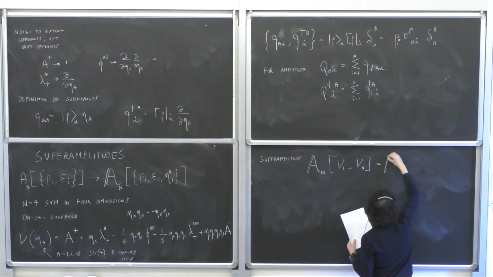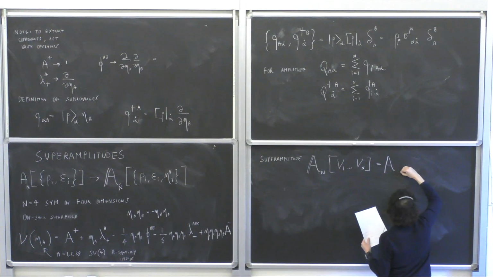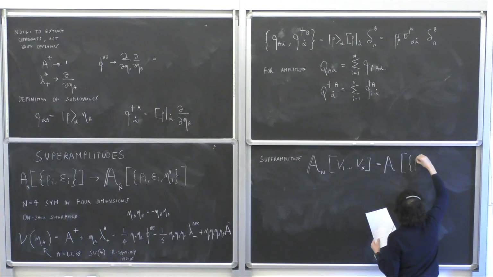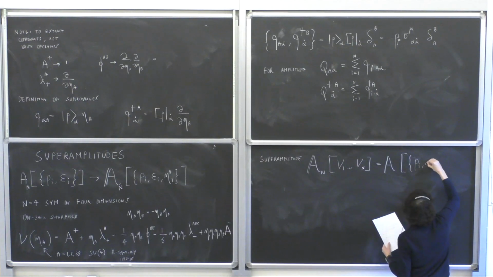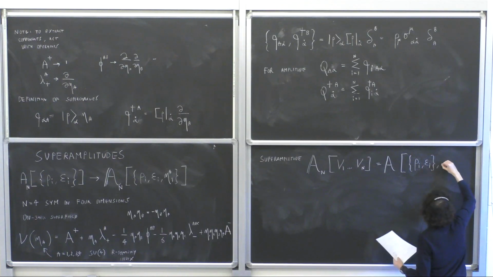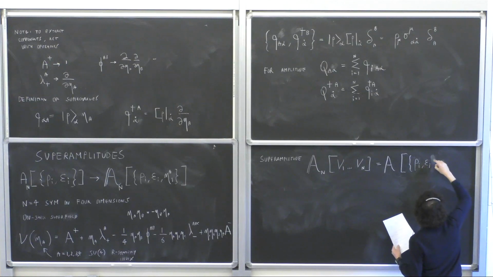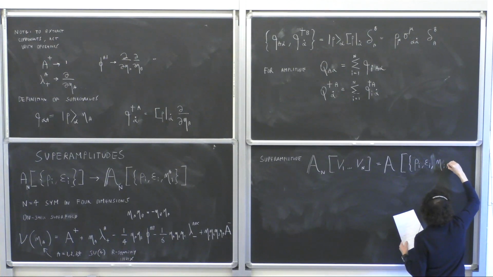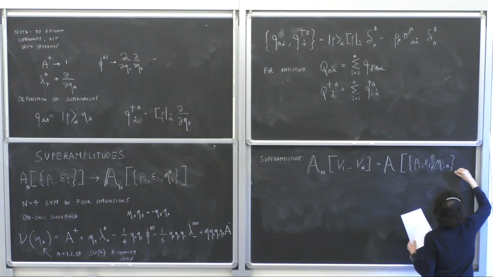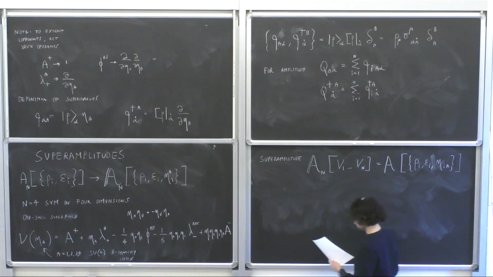And this is, in other words, corresponding to the set of kinematical data for each external line, which now include the Grassmann parameters.